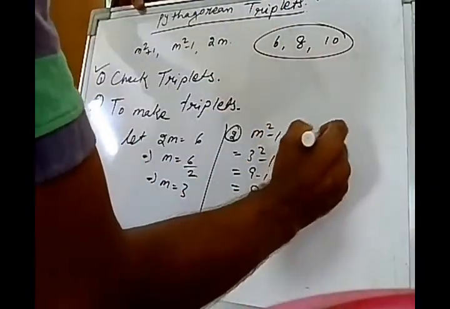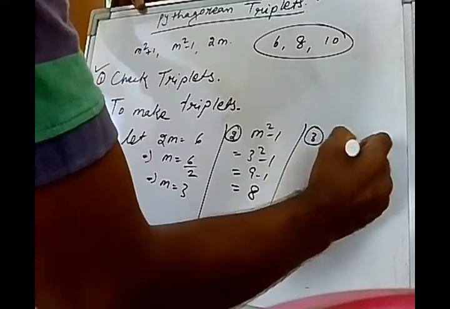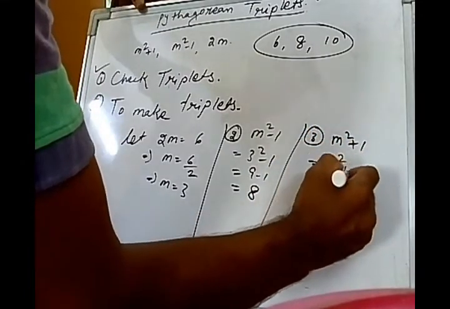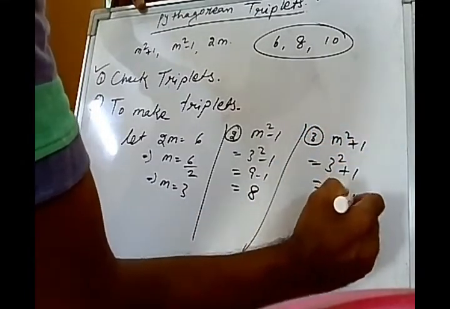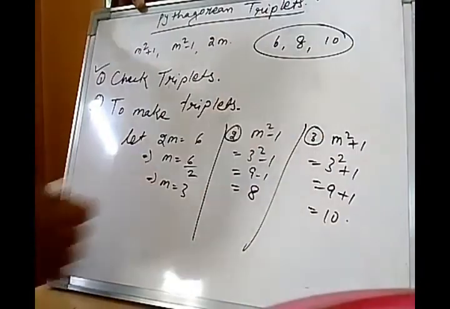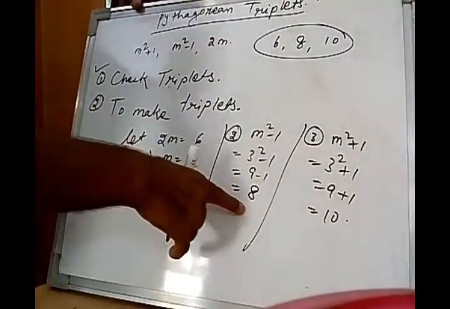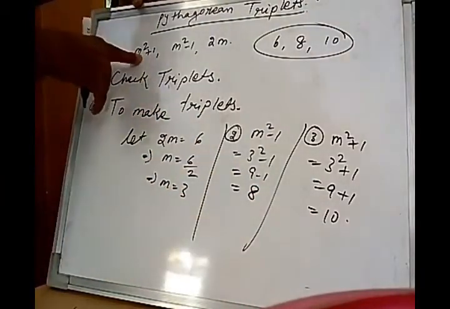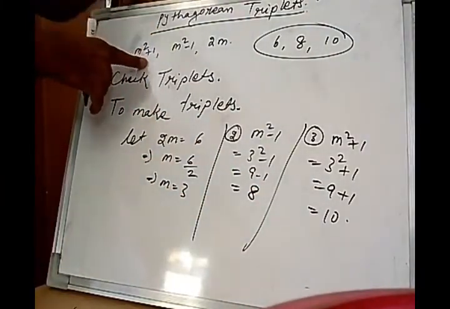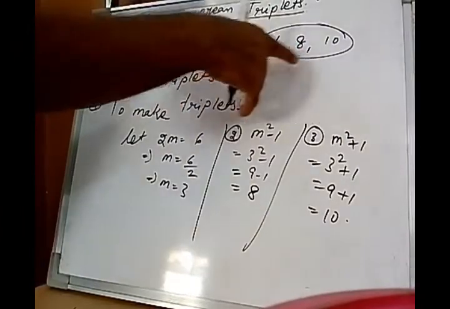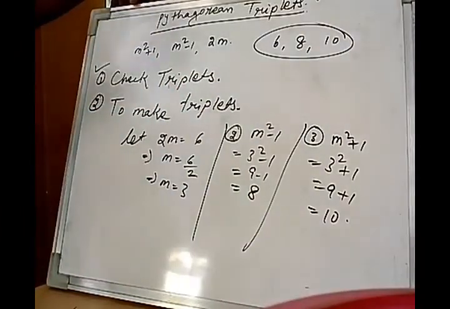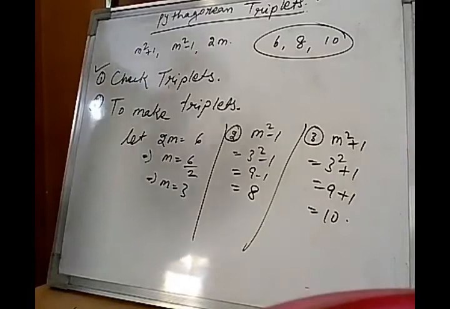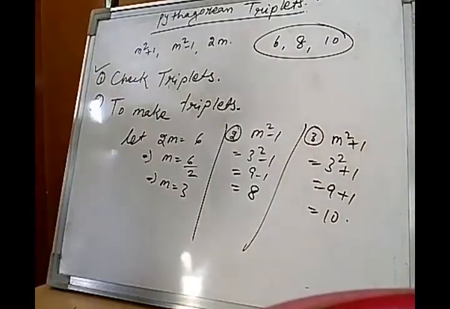Now the third one is m square plus 1, 3 square plus 1, that is 9 plus 1, 10. Now 6, 8, 10 are the three members in the form of m square minus 1, m square plus 1 and 2m. So 6, 8, 10 are three natural numbers belonging to Pythagorean triplets.